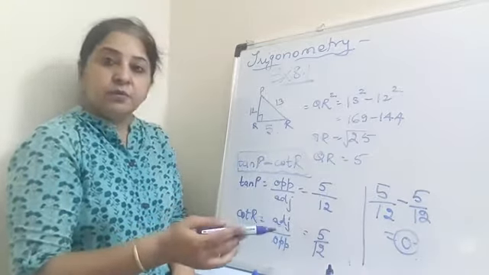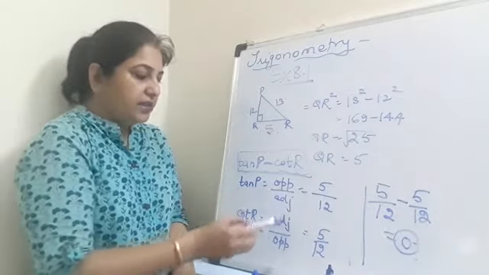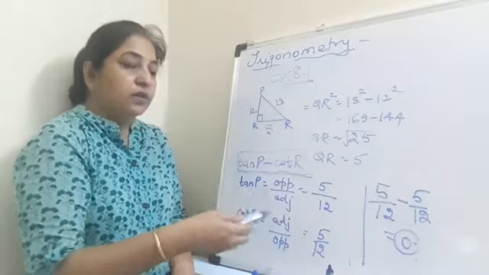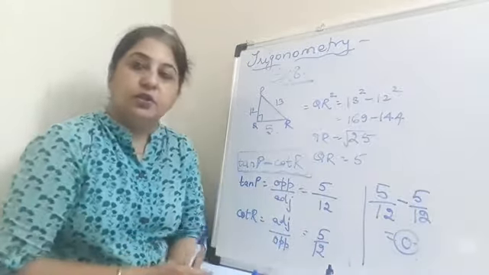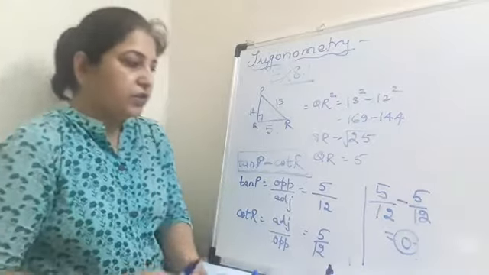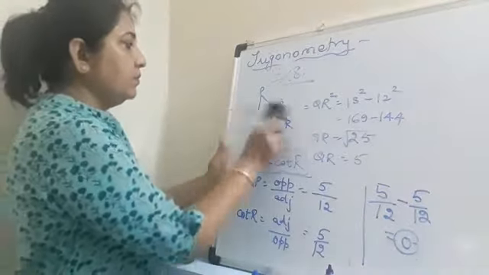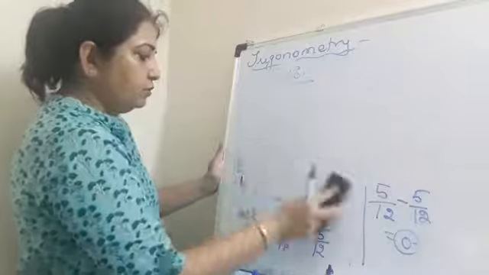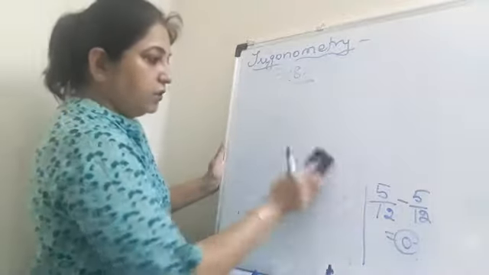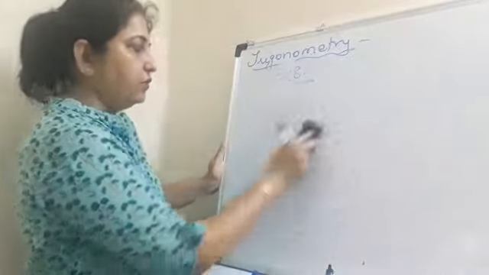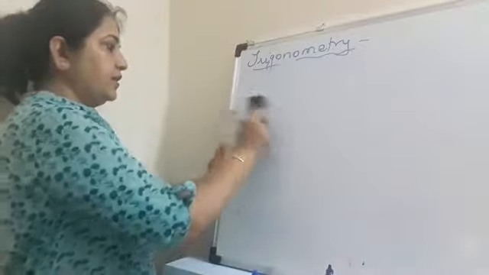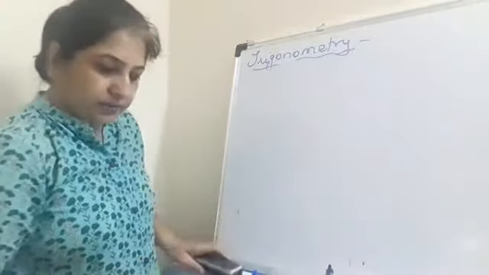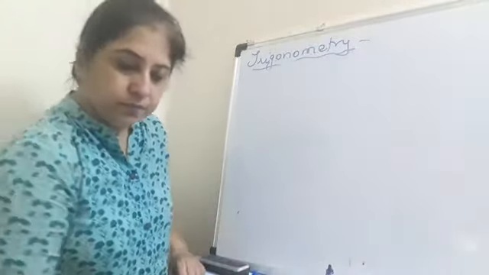And as many times as you write these opposite upon adjacent, adjacent upon opposite, you will be able to learn these ratios. Okay, so this was question number 2. I am rubbing this. I have told you how to solve. So if you understand the concept, it will be easy for you to understand the questions as well as complete the questions. Right?